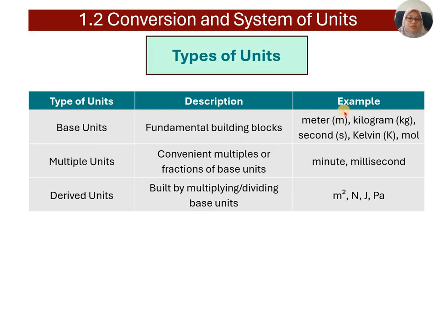So the base units for SI unit here are only 5: meter, kilogram, second, Kelvin, and mole. And the other units are all derived units that come from these 5 base units. And then multiple units are just a convenient version of base units.